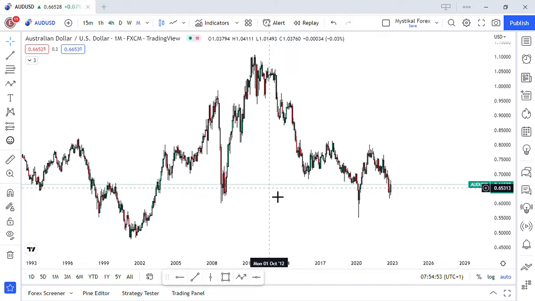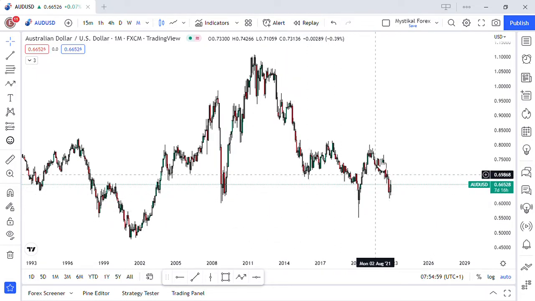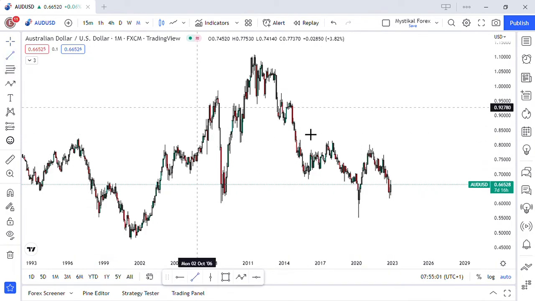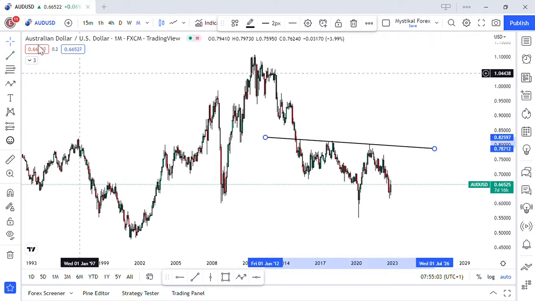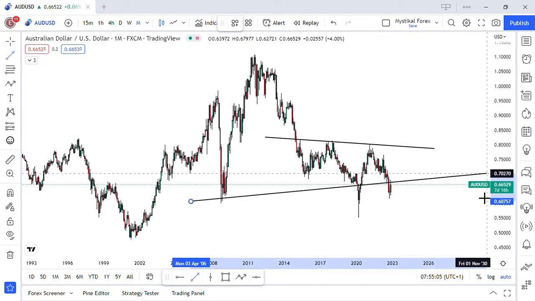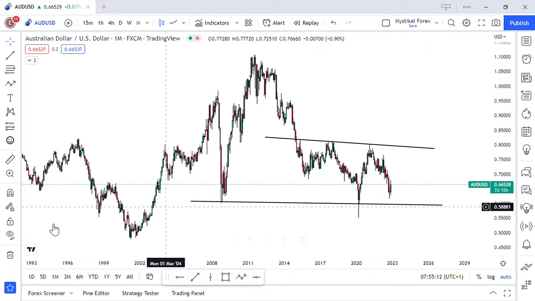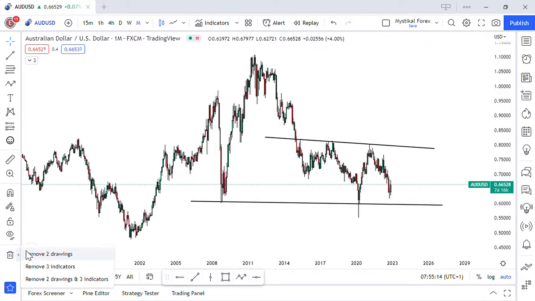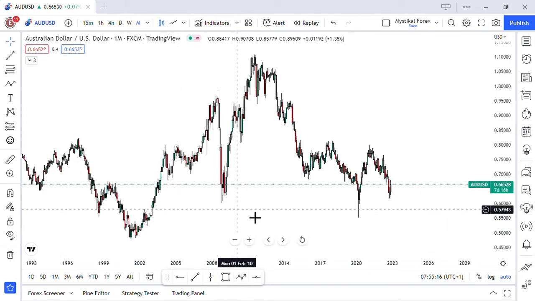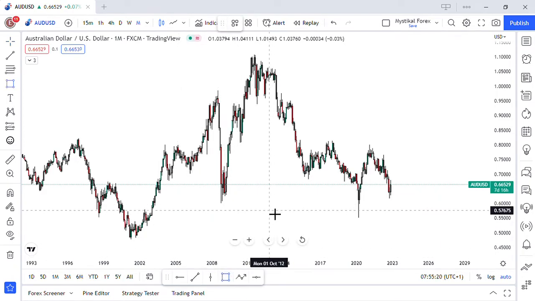We are mainly going to be starting, as always, on the monthly time frame. We mark out our highest points and our lowest points, depending on the current market structure or the current market price. Let's take our rectangle right there.